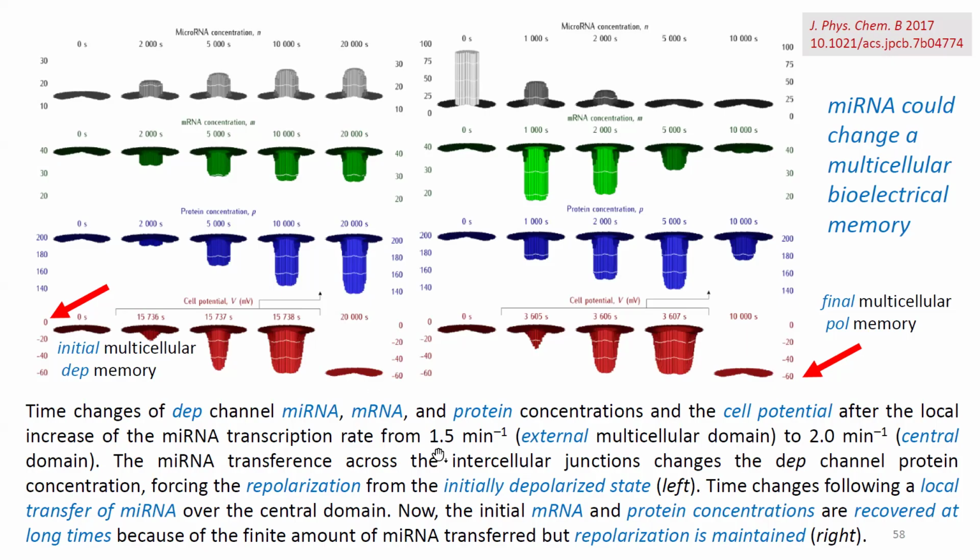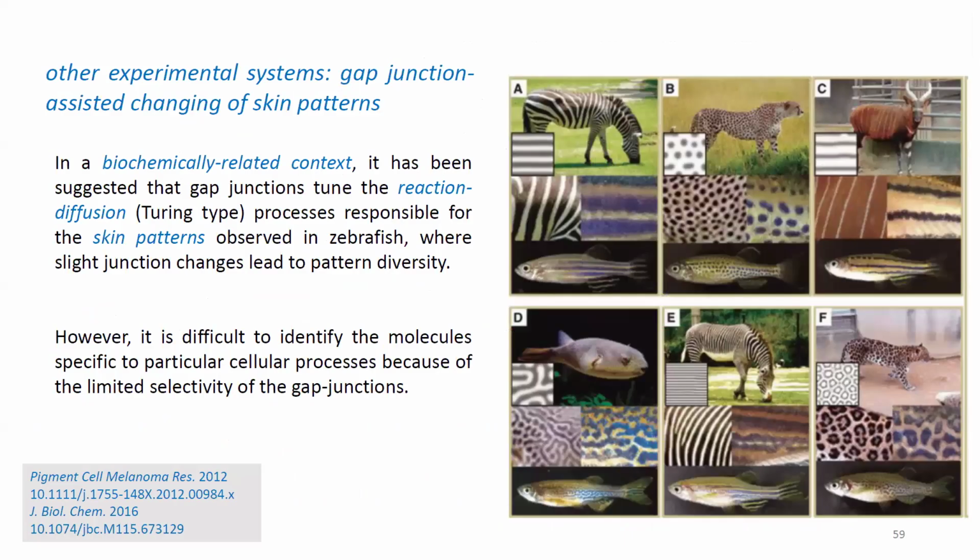These simulations are quite interesting because they show another characteristic of the model and can be found in this reference, which is noted here. Experimentally, gap junction assisted transfer is also a case of a set of phenomena that can be observed in other biochemically related contexts, for instance, reaction-diffusion phenomena and Turing patterns.